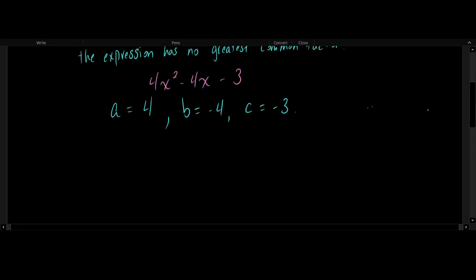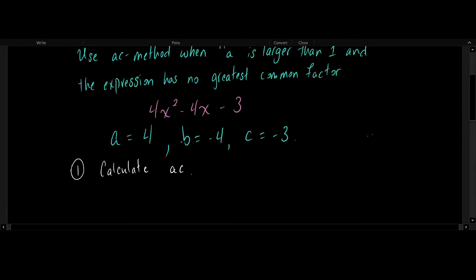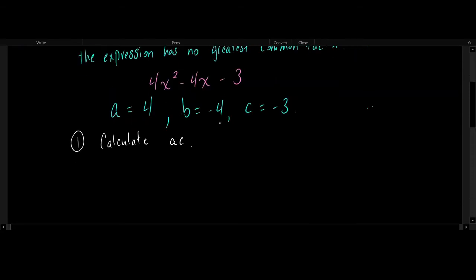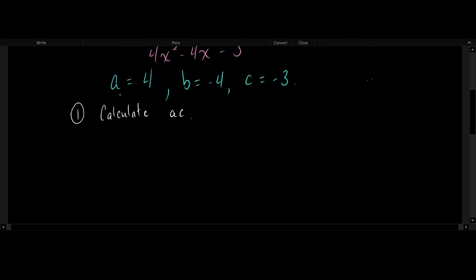The first thing that we do with AC method is we calculate a product. We calculate the product A times C. That's where this method gets its name, AC method, because the first step is to calculate A times C.